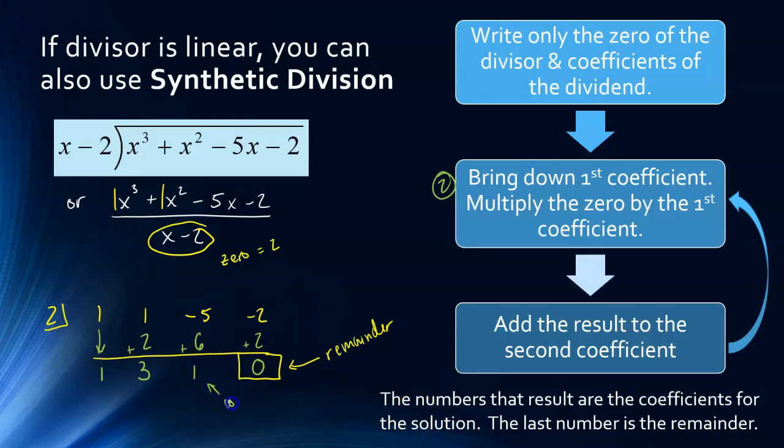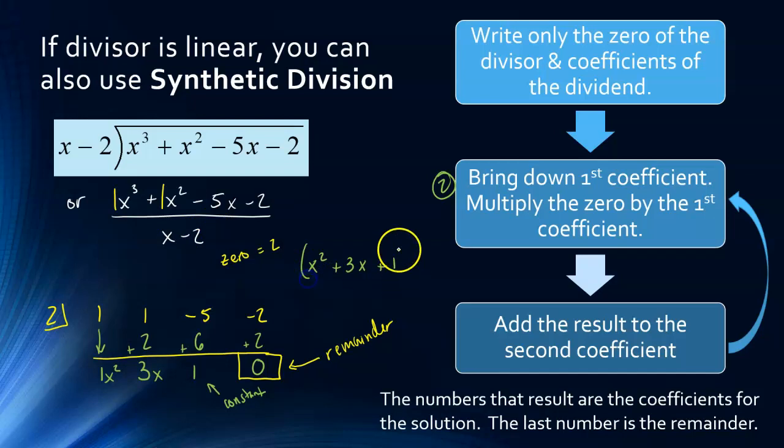This is going to always be our constant, meaning that's not going to have a variable. But then we would go in ascending order from right to left. So our final answer is going to be x squared plus 3x plus 1. So when I divide that polynomial by x minus 2, the result is x squared plus 3x plus 1.